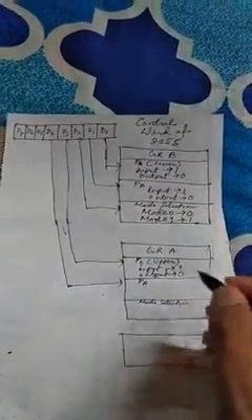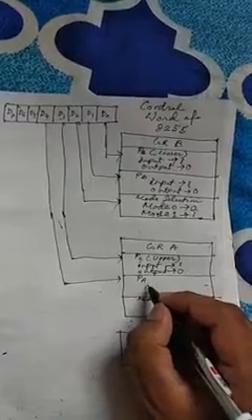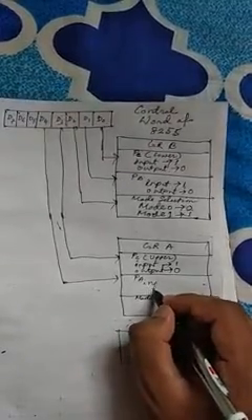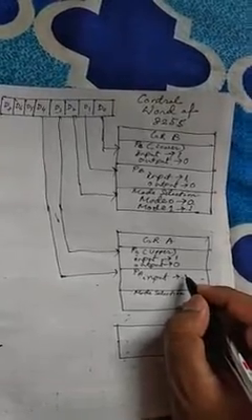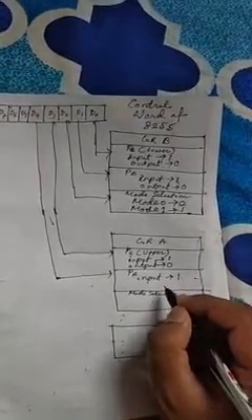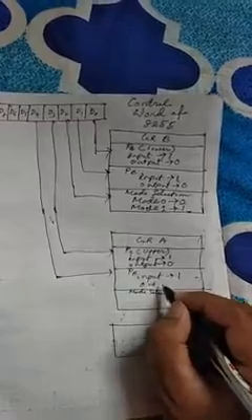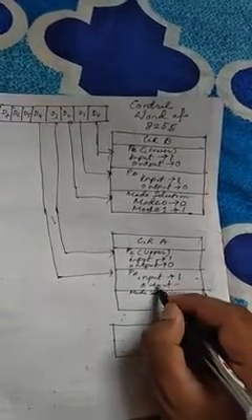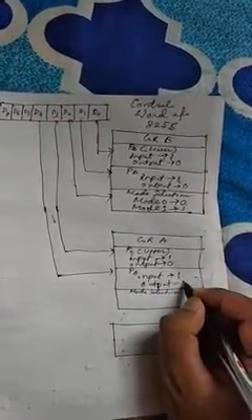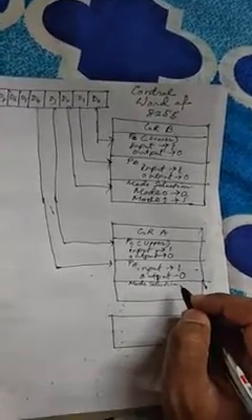D4 basically, if the port A is used as input, then that will be equal to 1. If the port A is used as output, then that will be equal to 0.